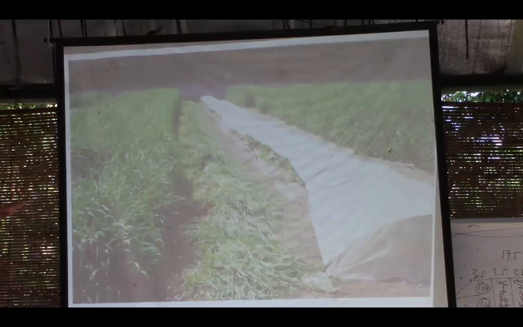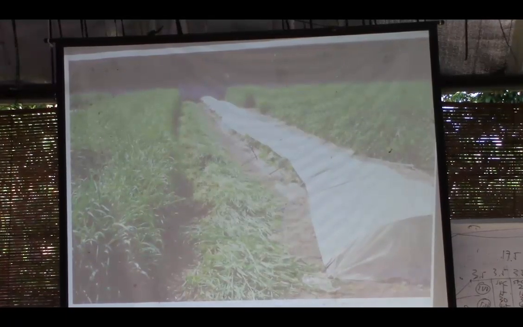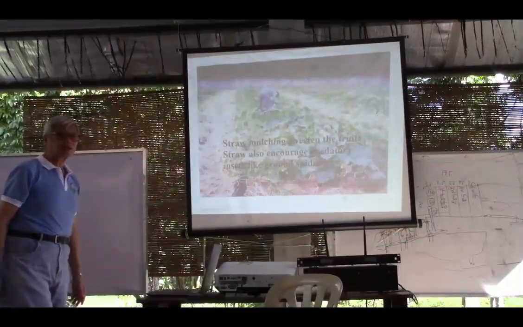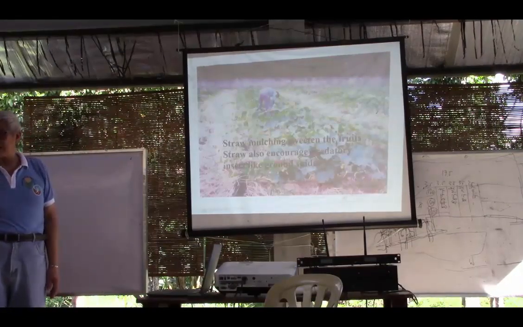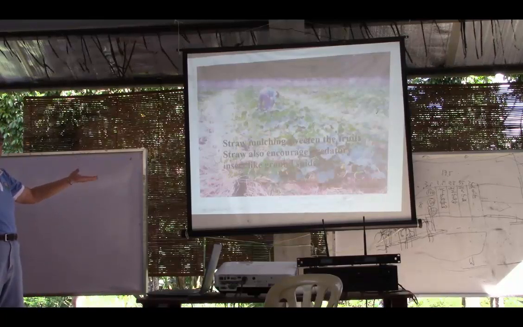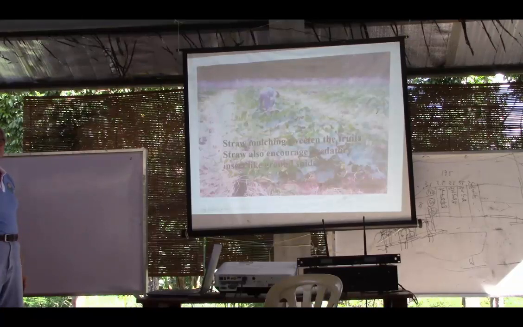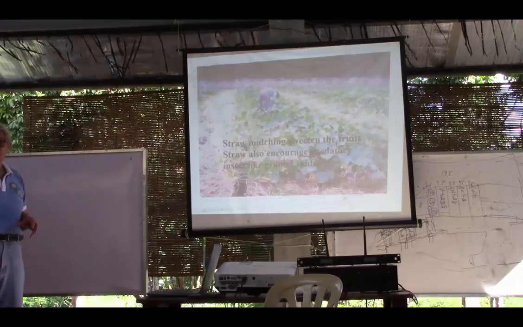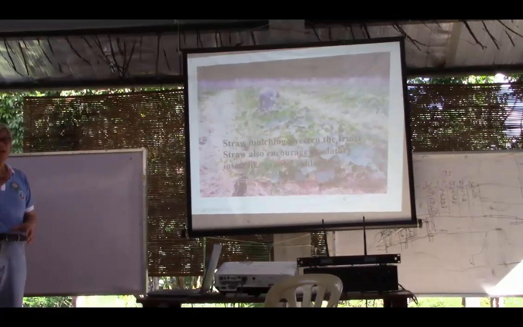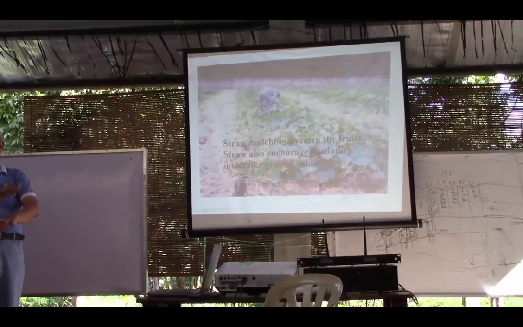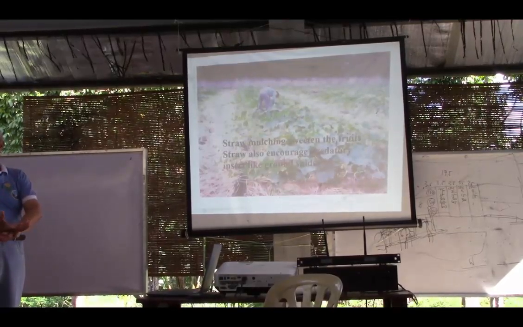When the squash vine starts to penetrate this grass cut mulching, the grass is already dry. So the fruits of the squash are not directly penetrating the soil, but are on top of the dry grass.